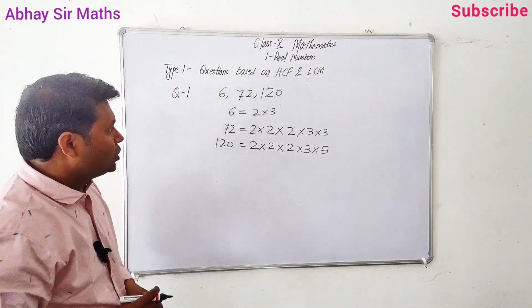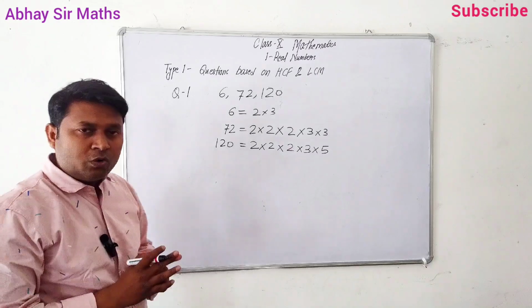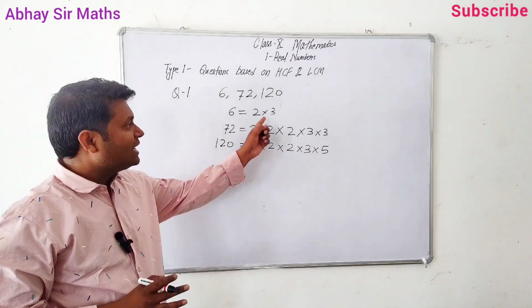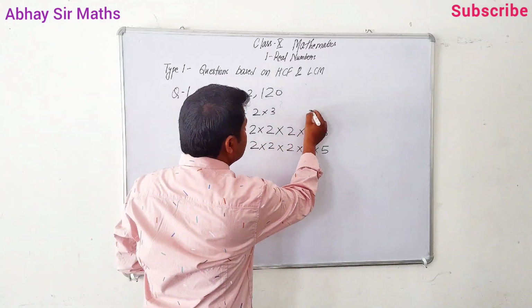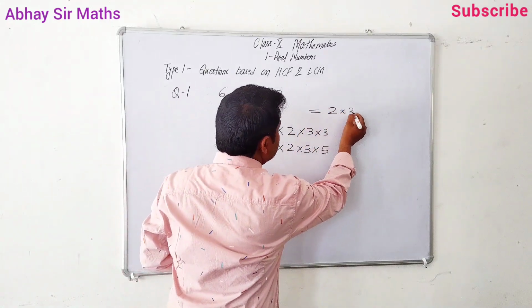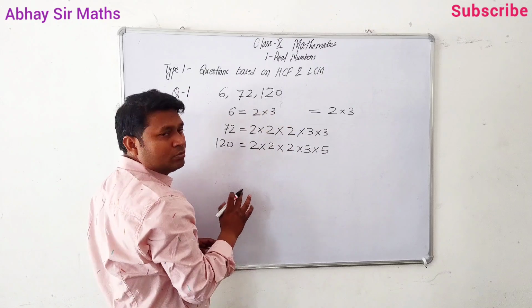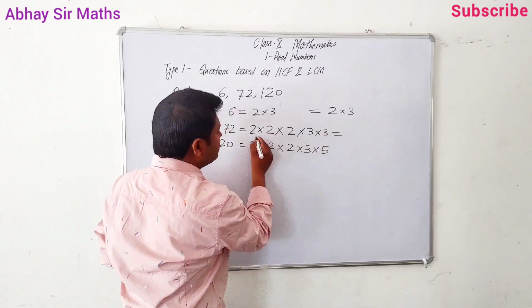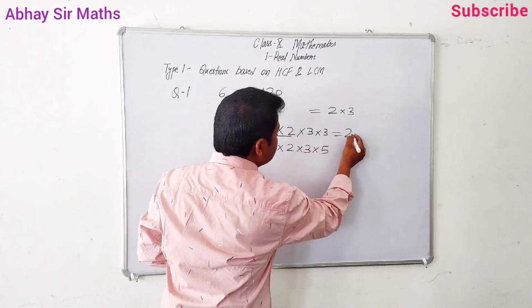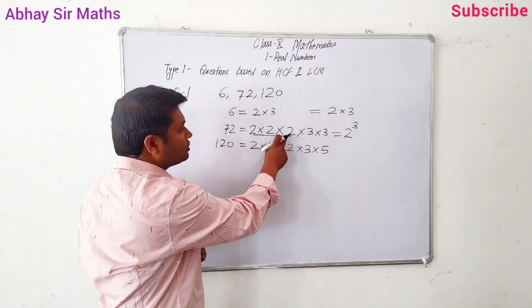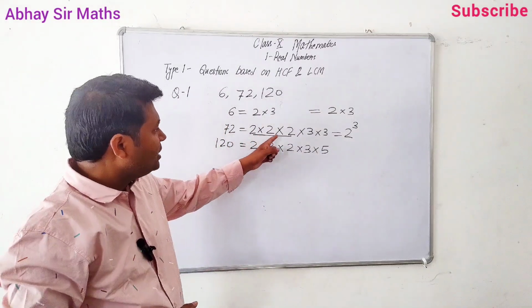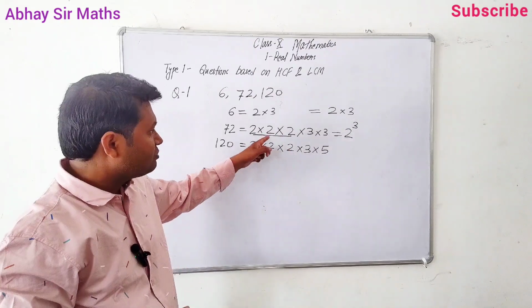Okay. So now we are going to write in the form of exponents. So this is 2 into 3, a single term, so it will be like that. Now here we have 2 to the power 3, because 2 is there 3 times here.